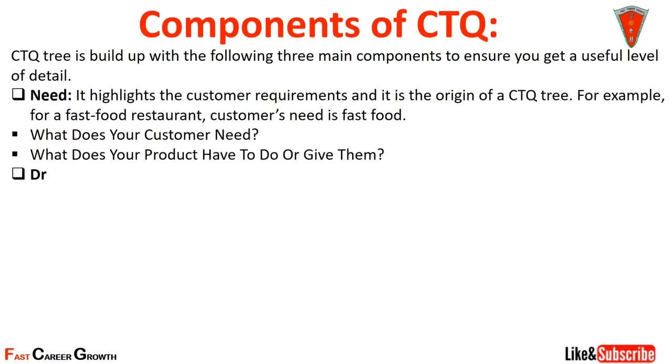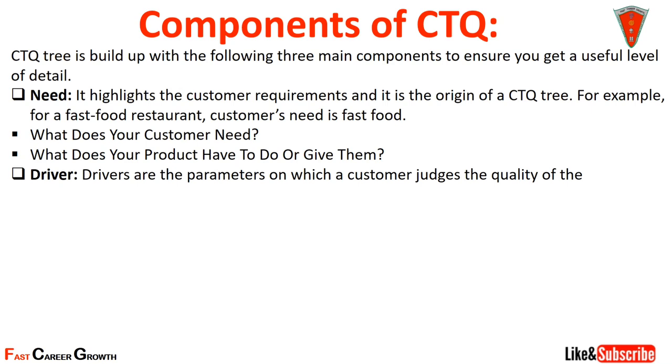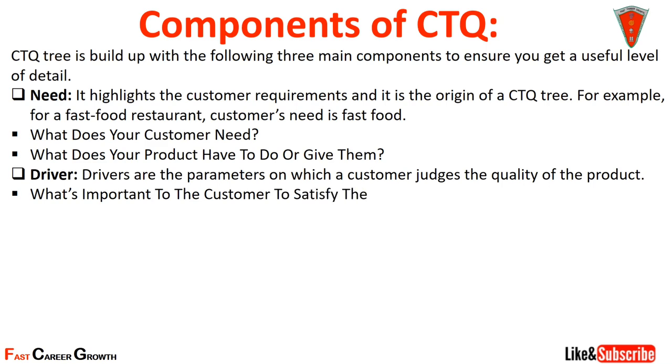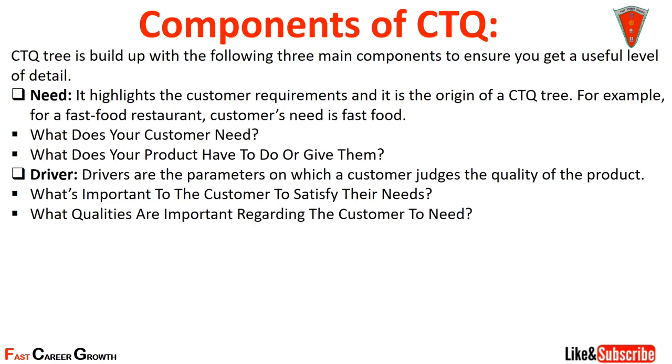Then drivers are the parameters on which a customer judges the quality of the product. How can you track the driver? What is important to the customer to satisfy their needs, and what qualities are important to the customer regarding their need?